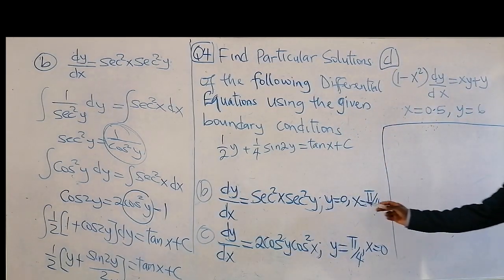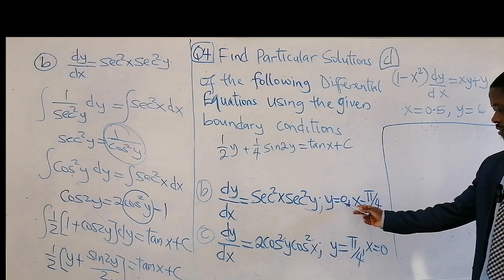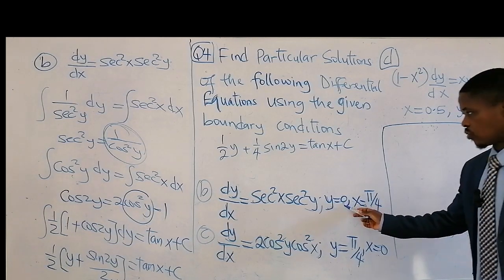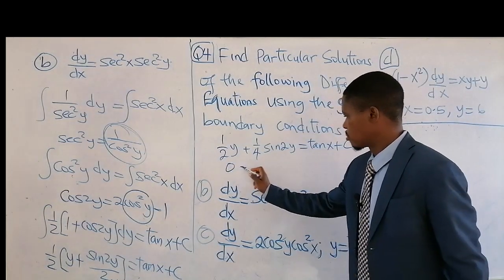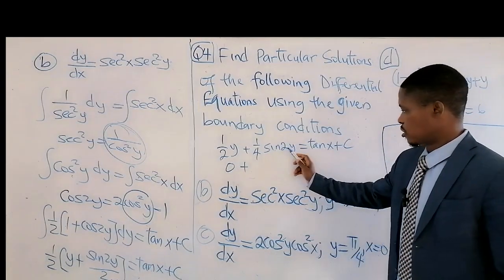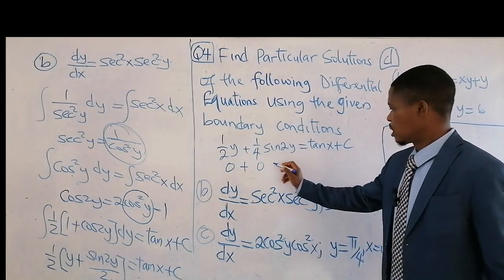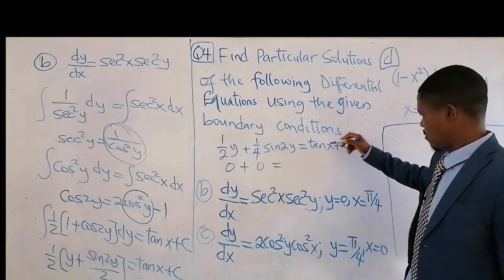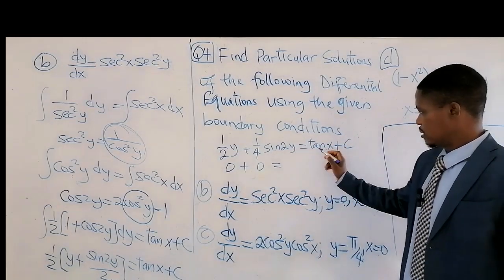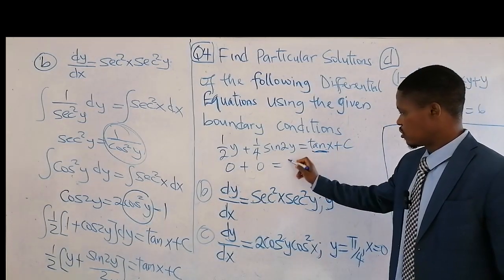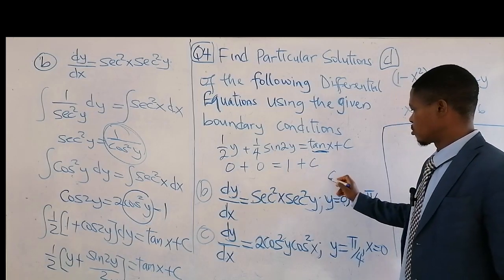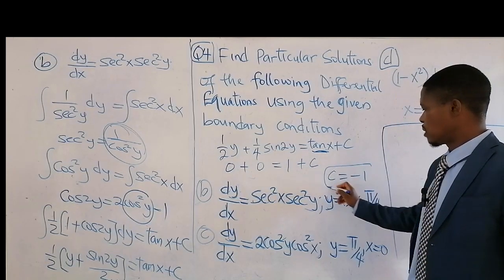So let's substitute the boundary condition that we have here. y is 0, so this becomes 0 plus sine 0 also becomes 0, equal to tan pi over 4, which is 1, plus c. So c is minus 1.